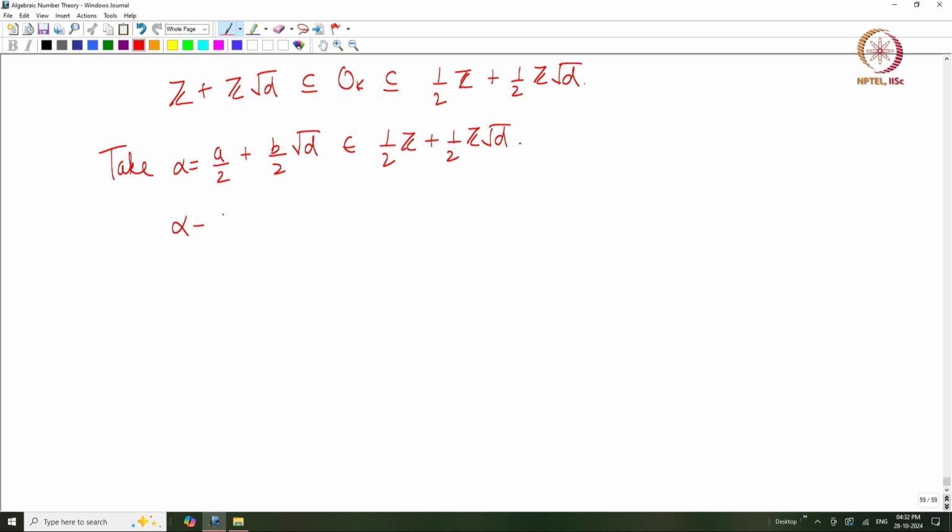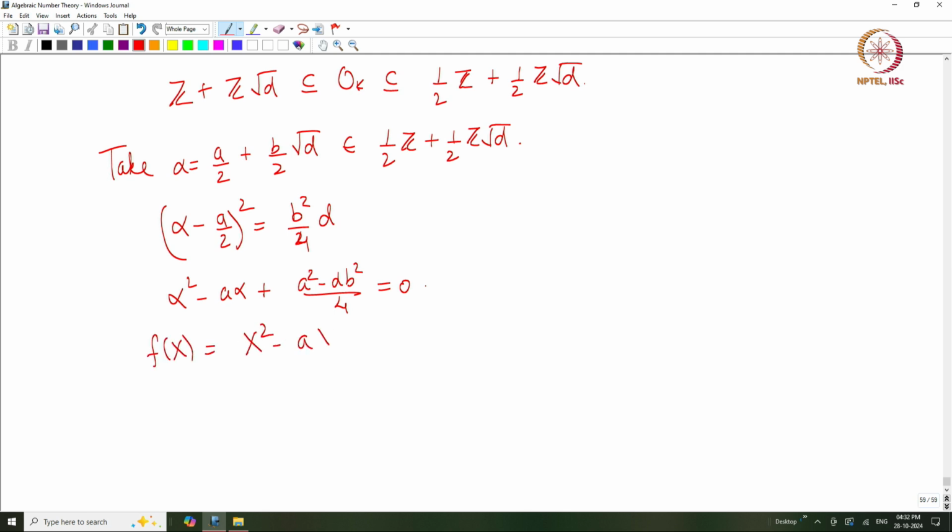You take alpha minus a/2 squared, this is b squared over 4 times d. So, this is alpha squared minus a alpha plus a squared minus d b squared over 4 equals 0. So, you take f of x to be x squared minus ax plus (a squared minus d b squared)/4.